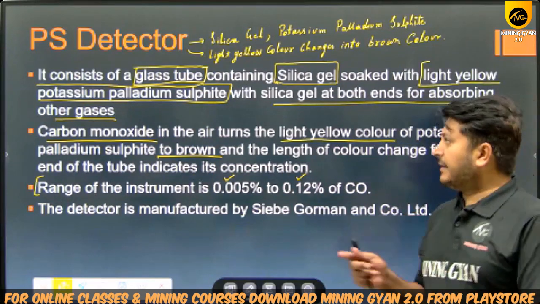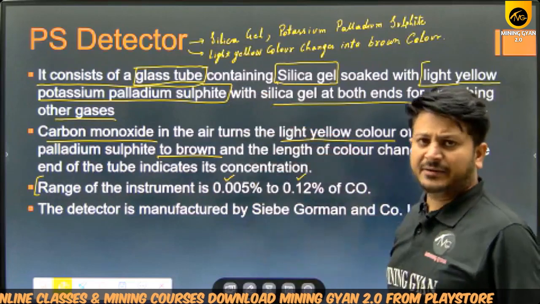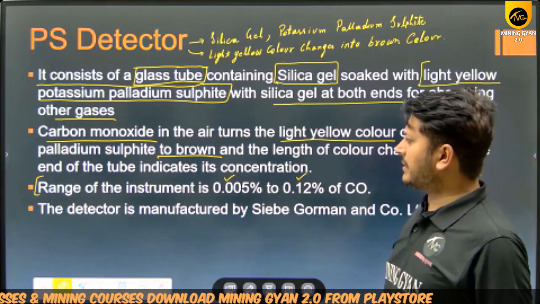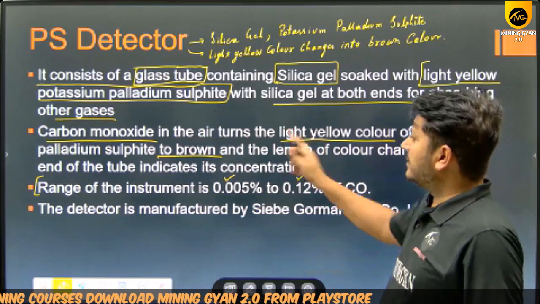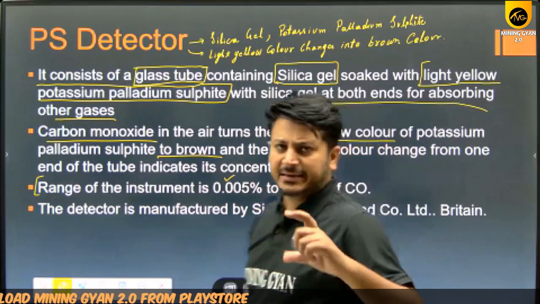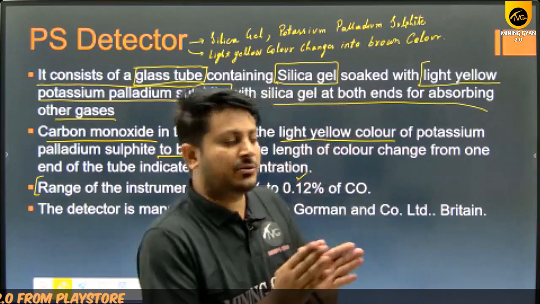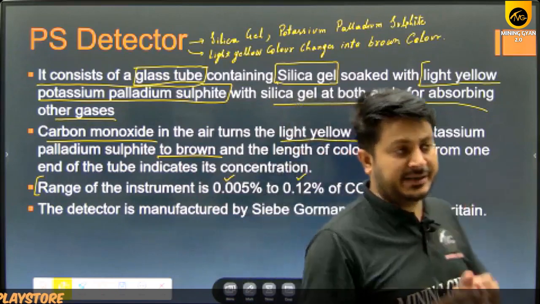Whenever the tube comes in contact with the atmosphere containing carbon monoxide gas, and its color changes from light yellow to brown, then you will take that tube near to that scale which is provided with the indicators.